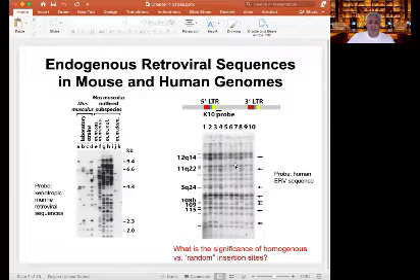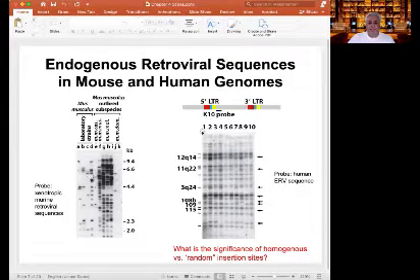So on the right-hand side, we have a number of cells from humans, and we probe those cells looking for the human endogenous retroviruses. And we find that we can detect their presence using various probes that are designed to detect the sequence of DNA that is present in these proviruses.